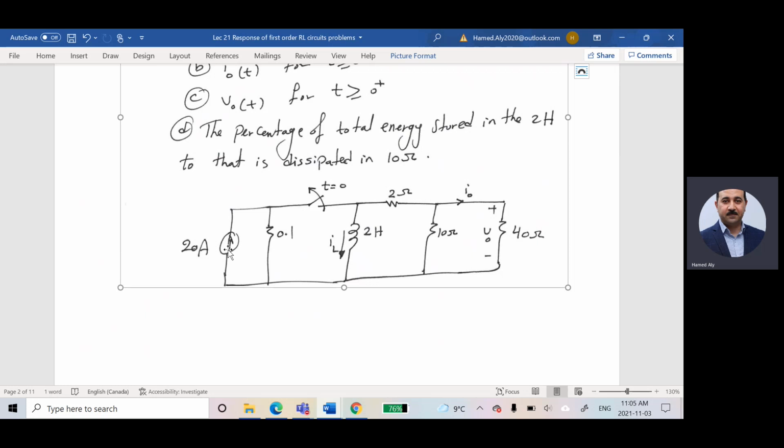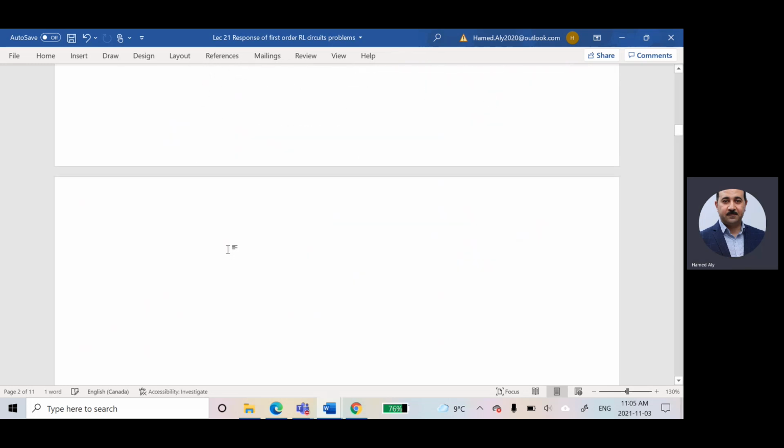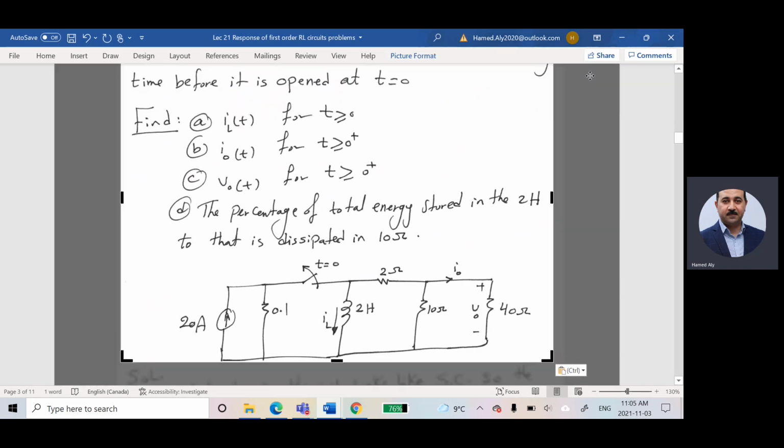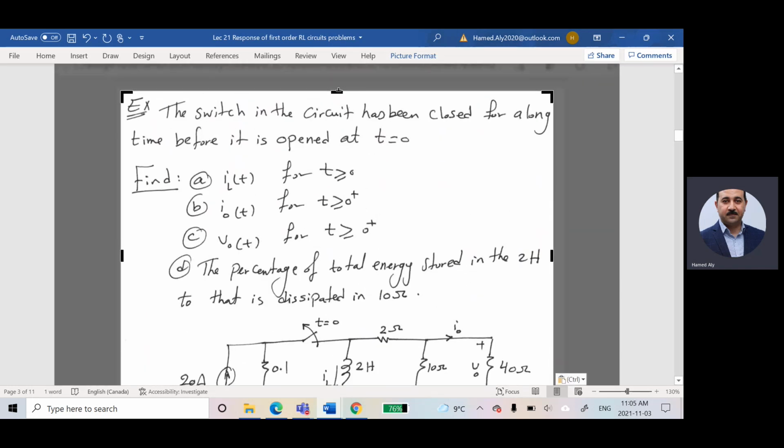Let us first see before opening the switch. So I have to find I_L(0) before opening the switch, right? So I will copy this circuit and put it here, and I will try to see how to deal with this circuit.